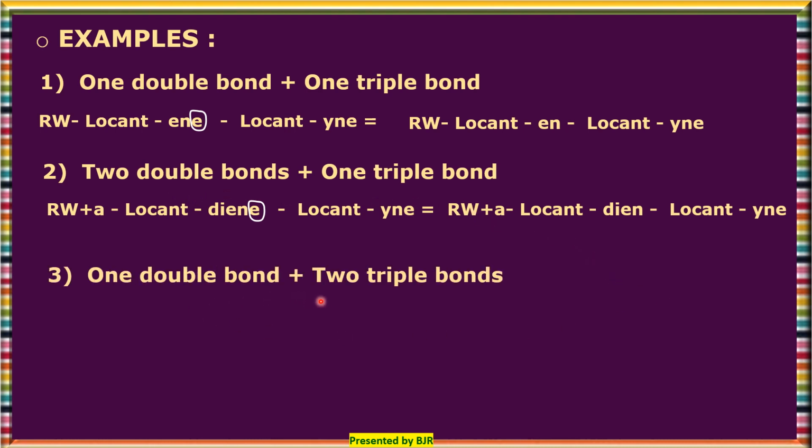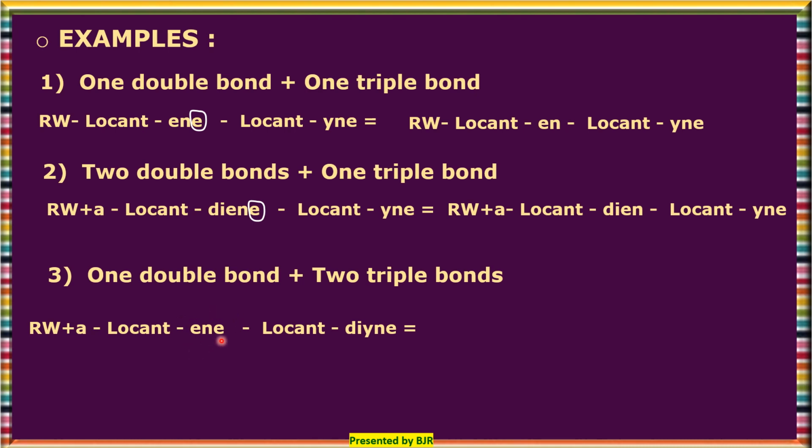One double bond plus two triple bonds. For example, an organic compound contains one double bond and two triple bonds. The IUPAC name is root word plus A, locant ene, locant diyne. And here E of ene should not be dropped. Why?